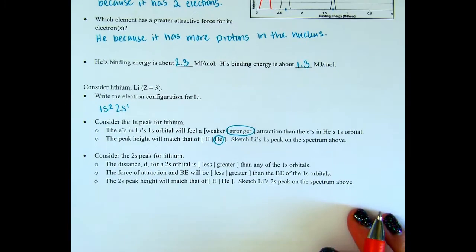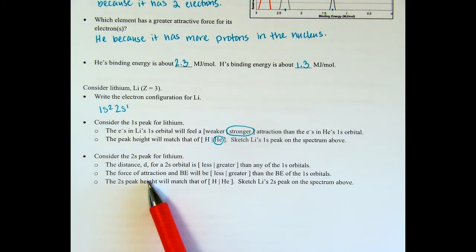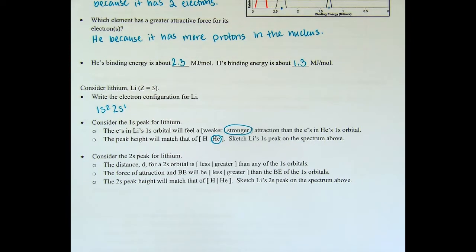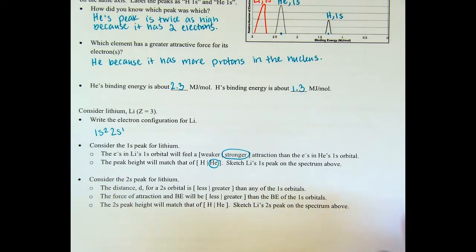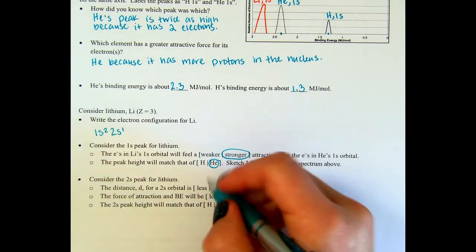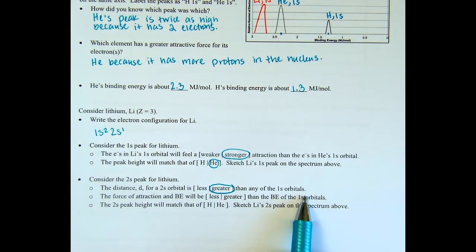Okay, taking what we did on the 1s peak, I'd like you to please pause the video and consider the 2s peak for lithium. Go ahead. Okay, so the distance, or d, for the 2s orbital is going to be greater, so it's farther away. The distance is greater than for any of the 1s orbitals.